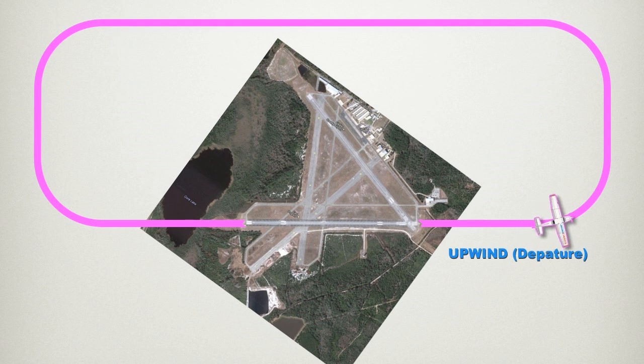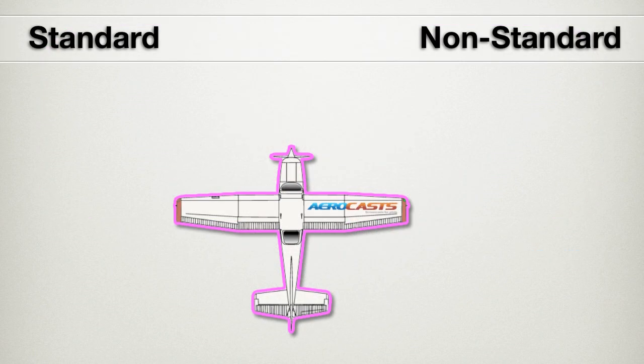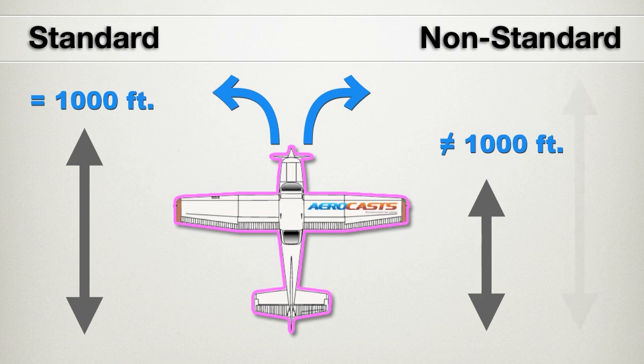The first one is the upwind or the departure. Then we have the crosswind leg, the downwind leg, the longest, and the base leading us to the final leg, which ends up with a landing. There are 2 types of traffic pattern: the standard left turn at a height above the ground of 1,000 feet, and non-standard right turn, or any altitude which is not 1,000 feet.